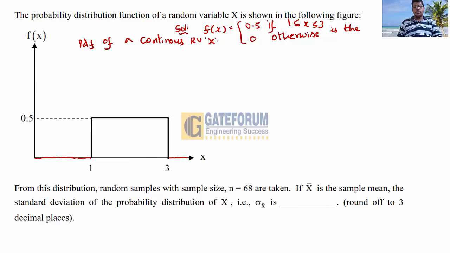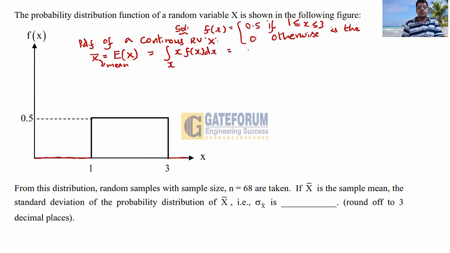So we need to find sigma x bar. First of all, the mean x bar is nothing but the expected value of x. This is the mean, average. That is integration over all x values, x times f of x dx.